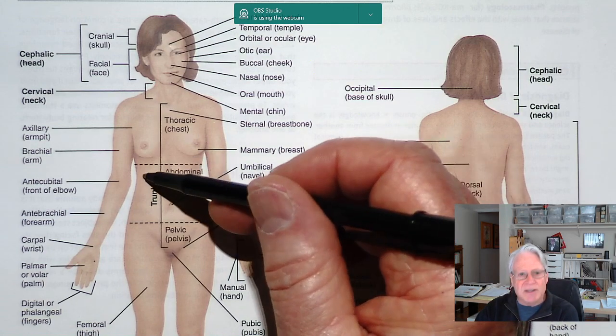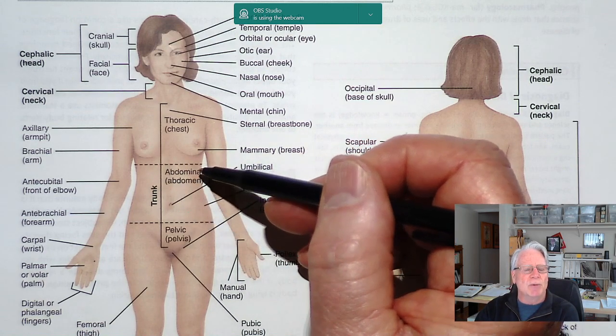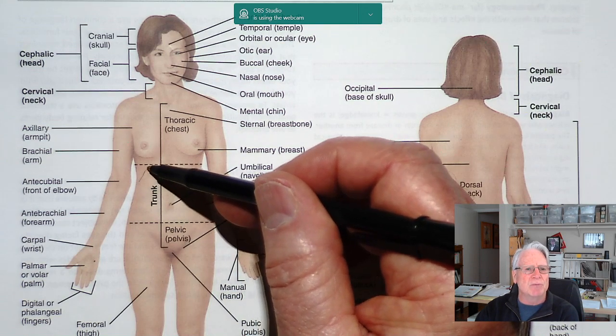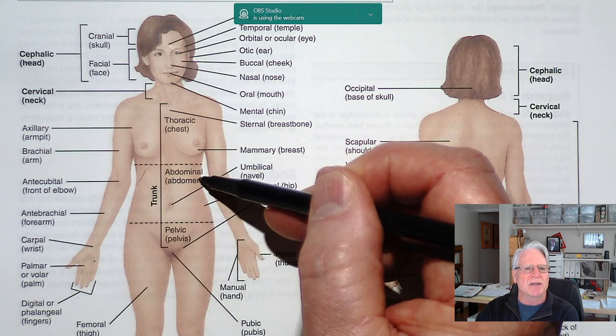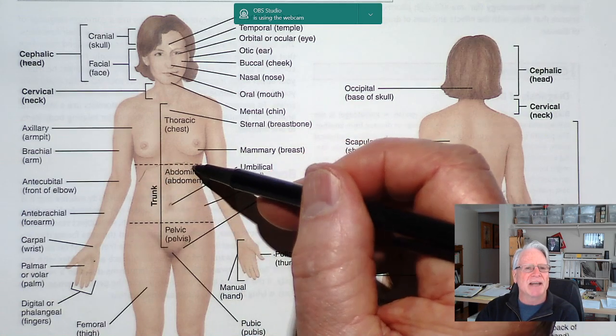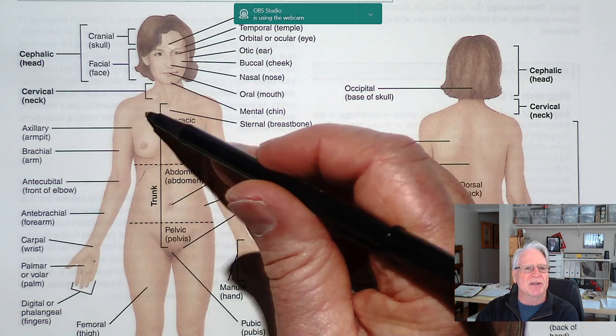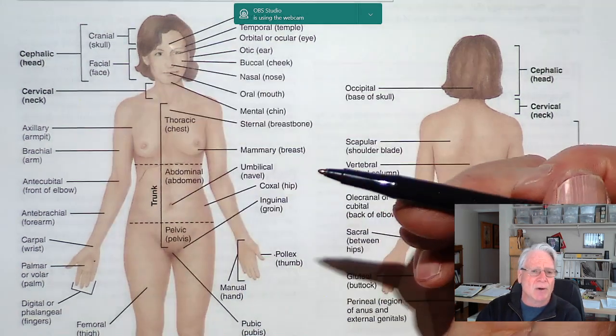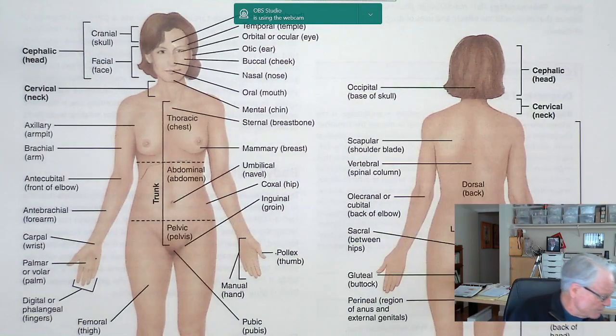For this upper dotted line, what we're going to use is a muscle called the diaphragm, which is a dome-shaped muscle that roughly corresponds to this line right here. And that muscle separates this area, the chest or thoracic area, from this area, the abdominal or the abdomen region.